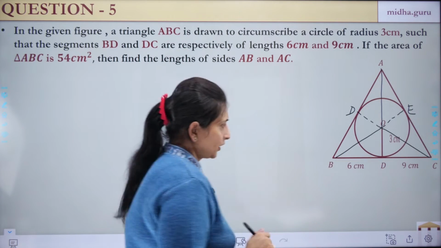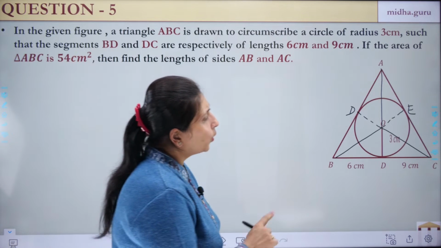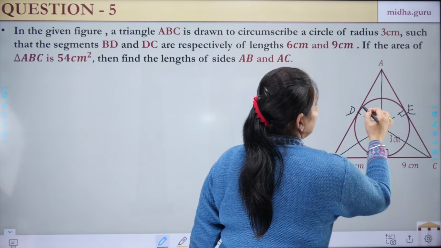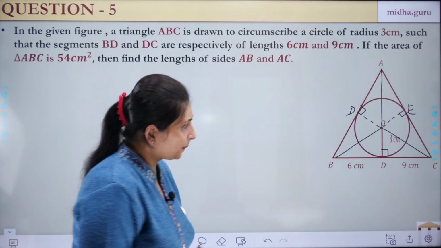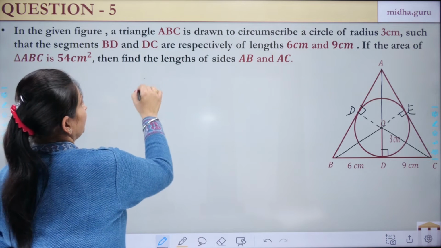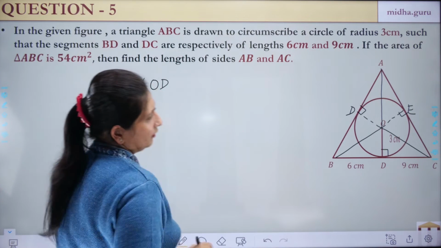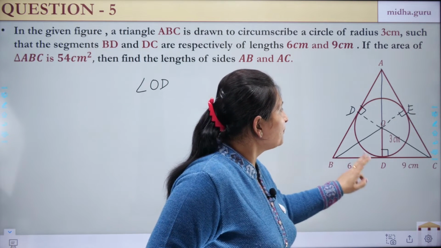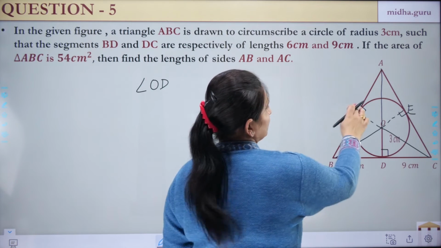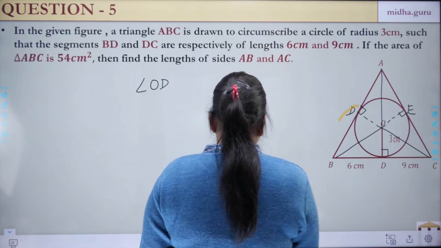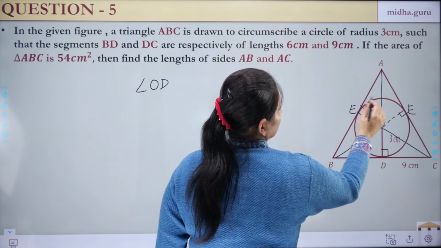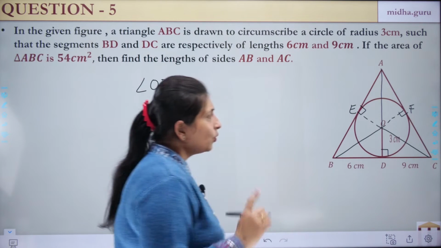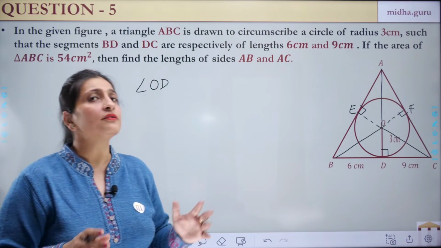We know, first we can write angle ODC as 90 degrees, again from theorem 1. Similarly, these are also 90 degrees. These are the radius of the circle, OD, OE. Just name this as E, and name this as F. So OD will be equal to OE will be equal to OF.